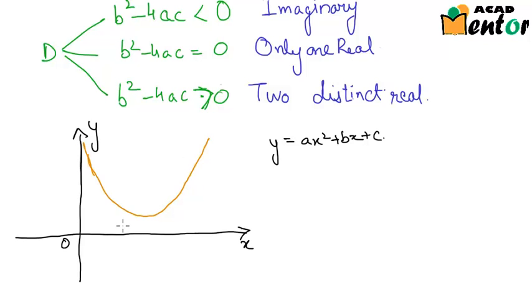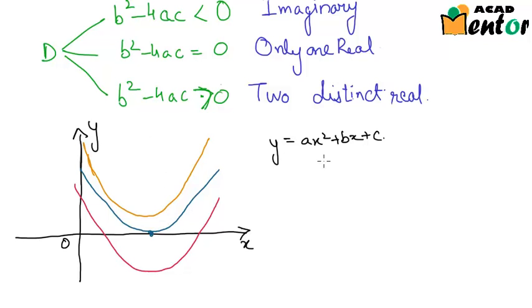This parabola can be in three positions. Either it is above the x-axis, or it cuts the x-axis in two distinct points, and finally it could be just touching the x-axis and moving up at just one single point.